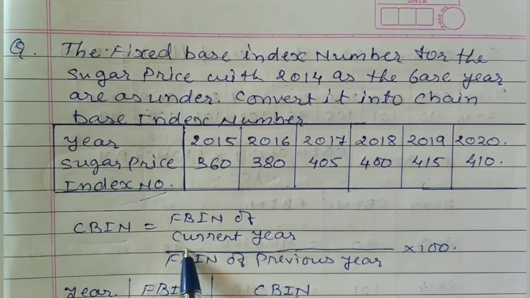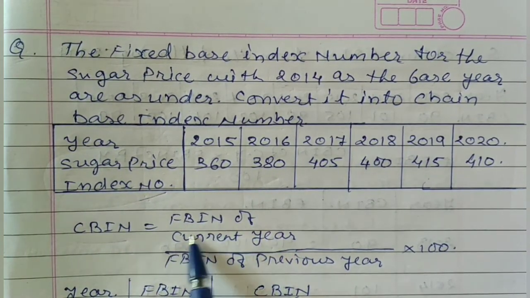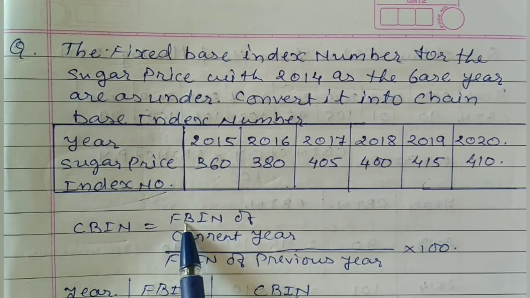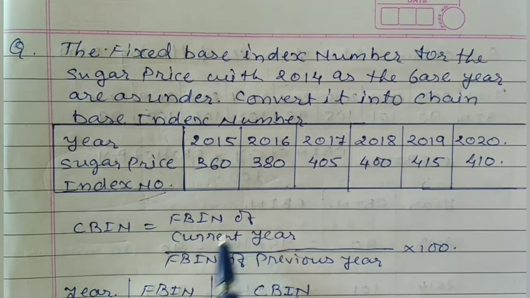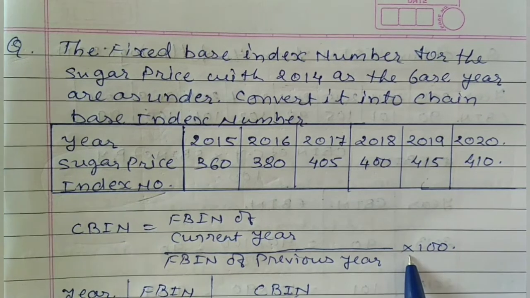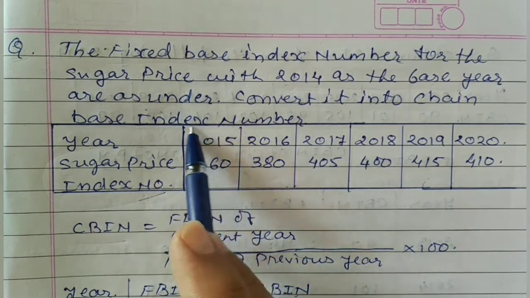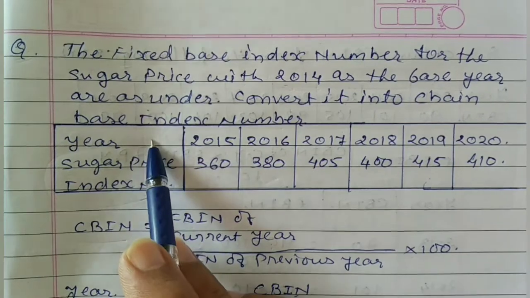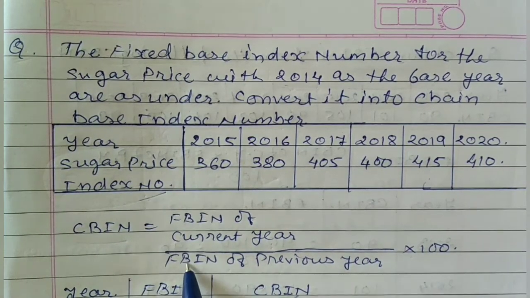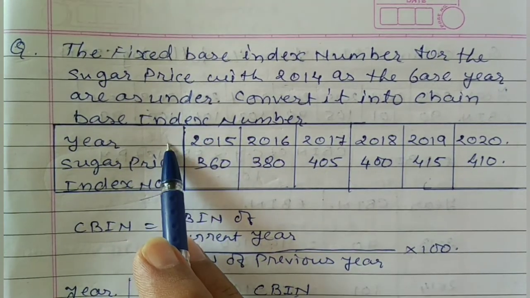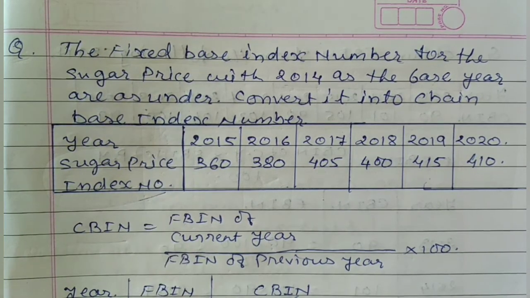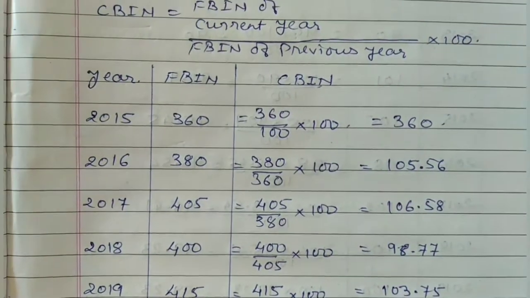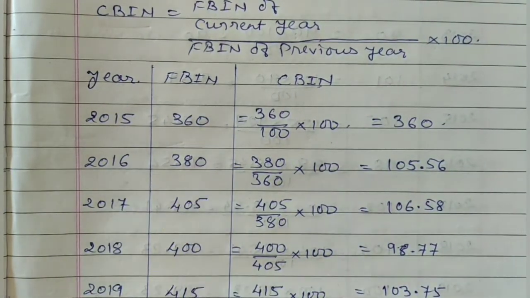So instead of price of current year, we use FBIN of current year. Why? Because FBIN is given. So fixed base index number of current year upon fixed base index number of previous year into 100. What about the first year's previous year? That is 2014. What about the fixed base index number of the previous year? We don't know, and as that is your base year, it should be considered as 100. Keep it in mind. Now let us calculate it. Year, fixed base index number.